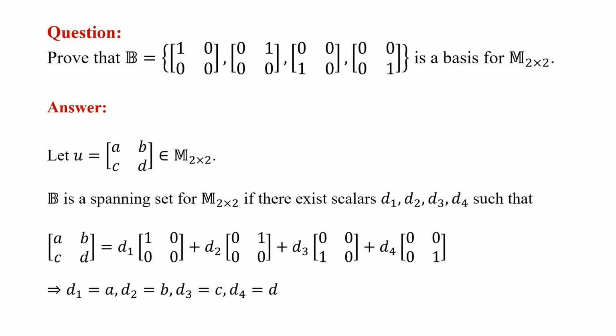On solving the equation [a b; c d] = d1 v1 + d2 v2 + d3 v3 + d4 v4, we see that d1 must be equal to a, d2 must be equal to b, d3 must be equal to c, and d4 must be equal to d, which means that there exist scalars d1, d2, d3, d4 such that [a b; c d] = d1 v1 + d2 v2 + d3 v3 + d4 v4. So this set is a spanning set for M2 by 2.